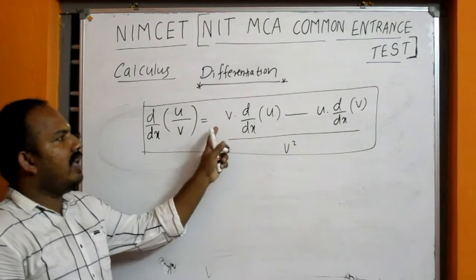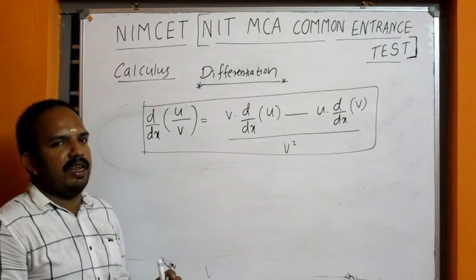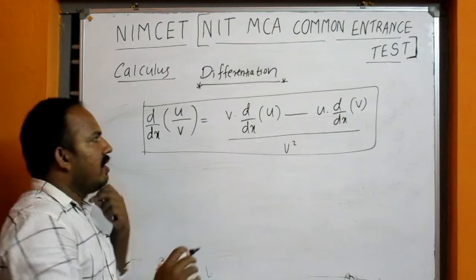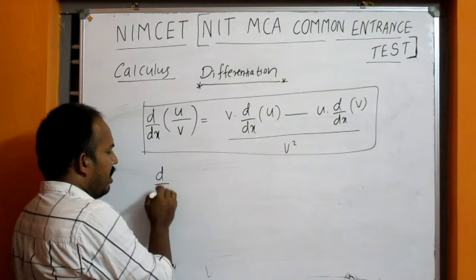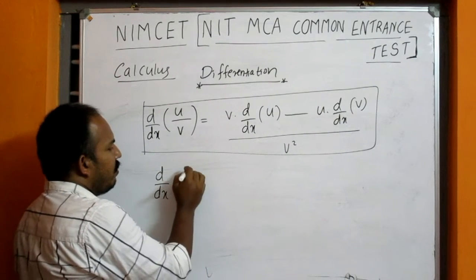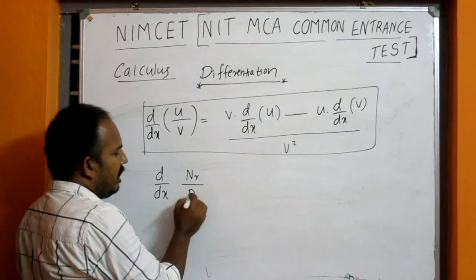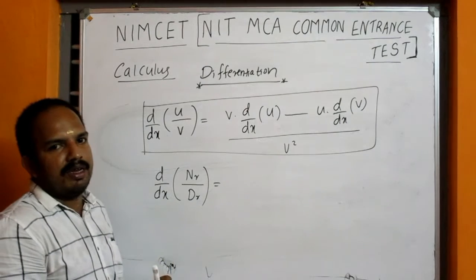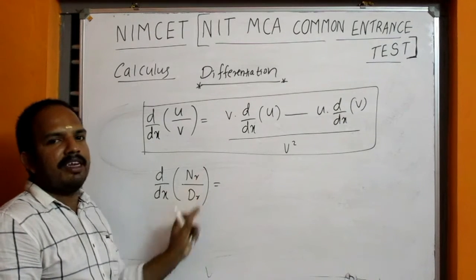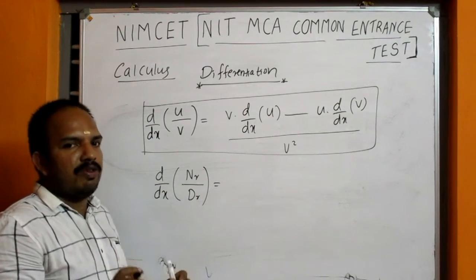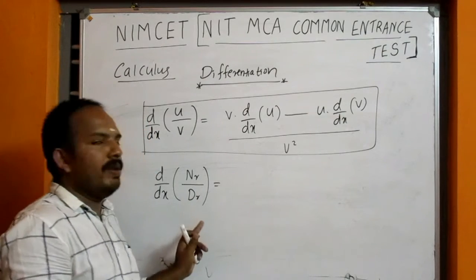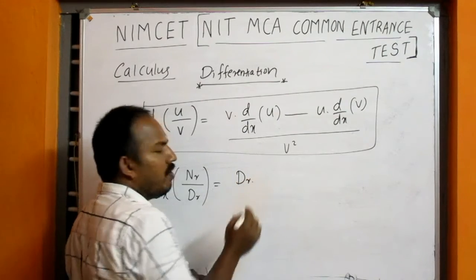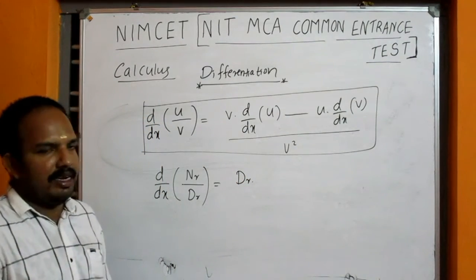If you get confused with u and v, neglect that confusion and just remember it in this manner: numerator by denominator. The derivative of numerator by denominator, the answer always starts with the denominator.